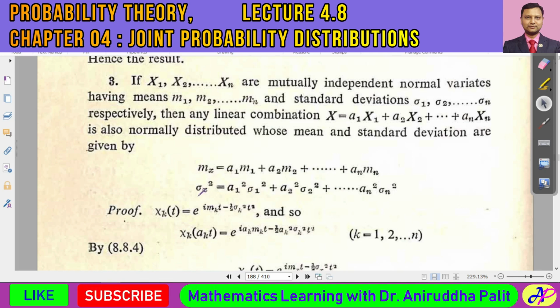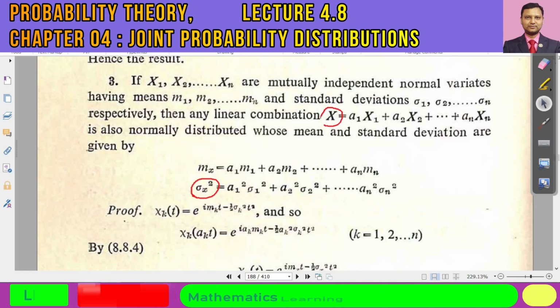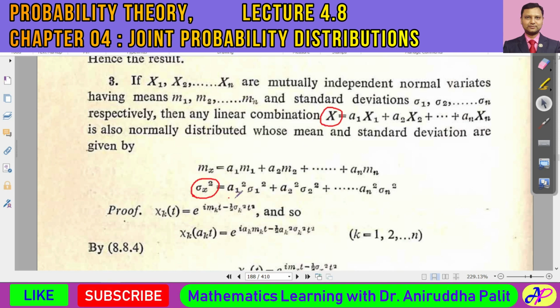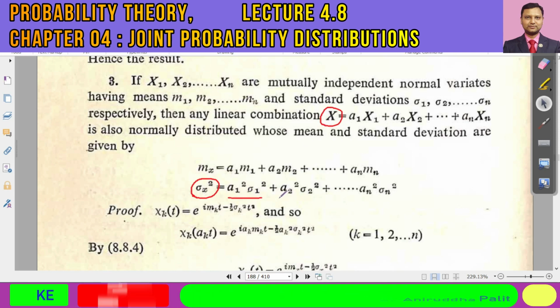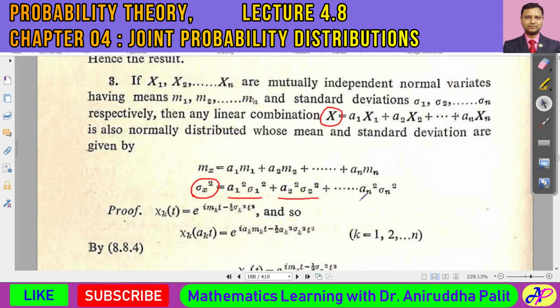As x1, x2, xn are mutually independent, we can prove that the variance of this random variable x would be equal to a1 square sigma 1 square plus a2 square sigma 2 square dot dot dot plus an square sigma n square.